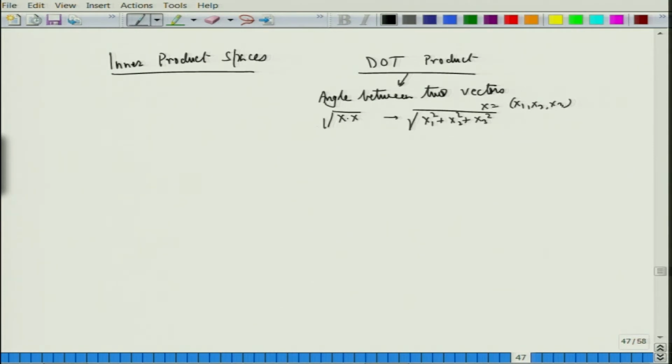So we could talk of this, which was called the length of the vector. All right, fine. So we had 2 ideas. One was the dot product gave us the angle as well as the length of a vector, and the angle between the vector was given by cos theta, which was x dot y divided by length of x into length of y. All right, this is what the idea was.